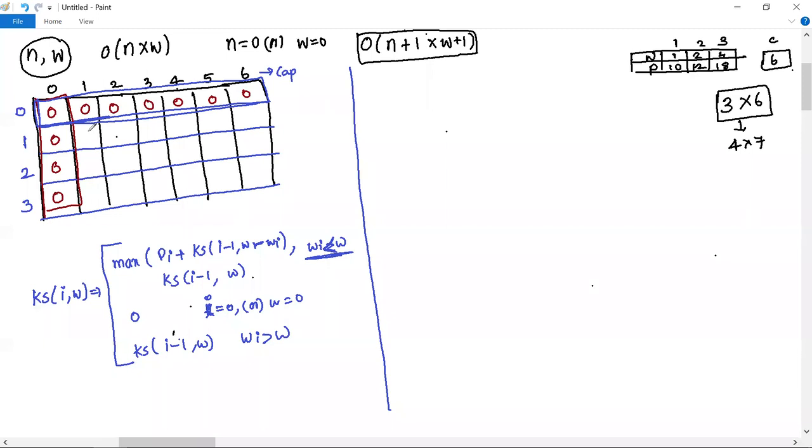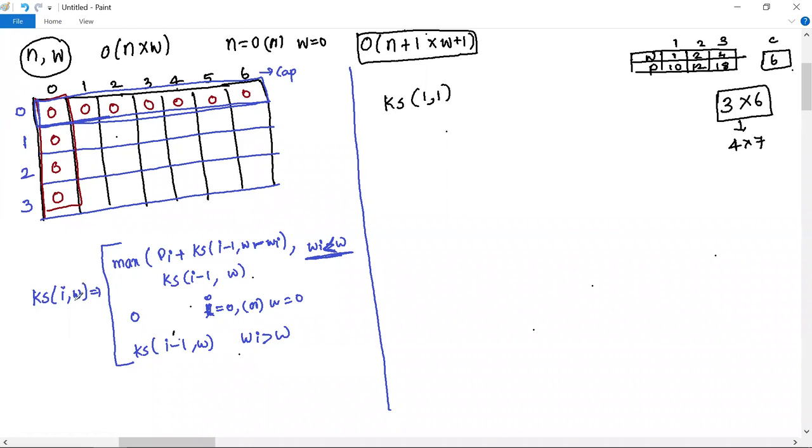Now, either you can go row major order or column major order. I am going for row major order. First I will consider knapsack of 1 comma 1. What is the meaning of this? We are considering only one object and the capacity is 1. So I value is 1, W is 1.